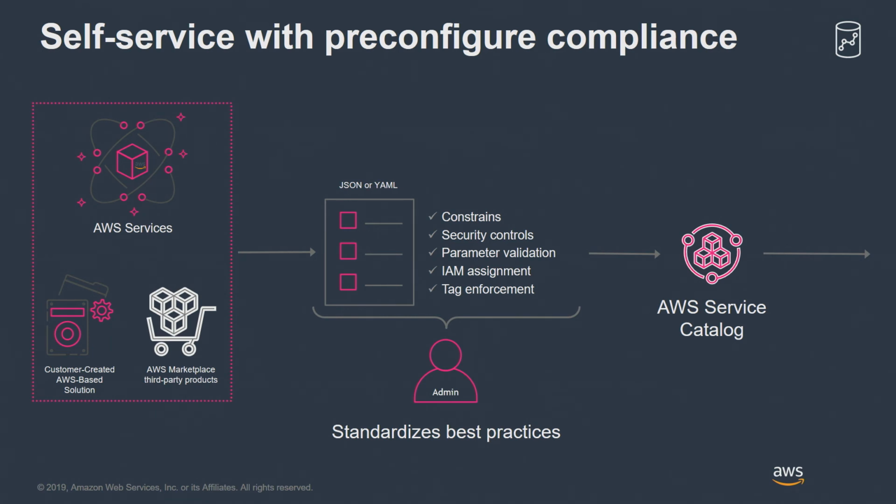It's a set of different products that a particular set of users will have access to. A quick example would be this EMR cluster. So you can create a product in which a data scientist will have access to launch an EMR cluster, but will not have access to the underlying service.